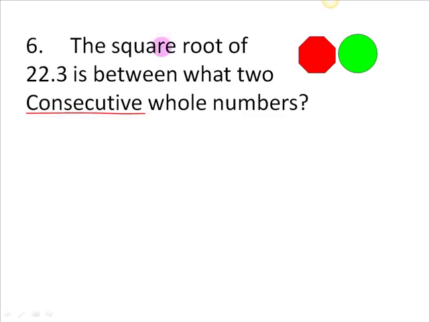All right, let's see how you did. The square root of 22.3 is between what two consecutive whole numbers? Well, we're going to pick the square root of 16 and the square root of 25.